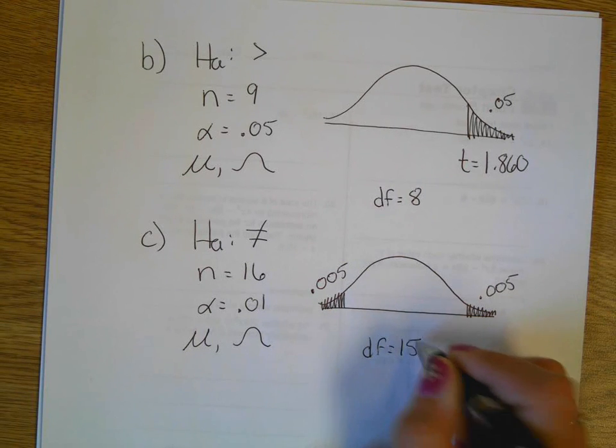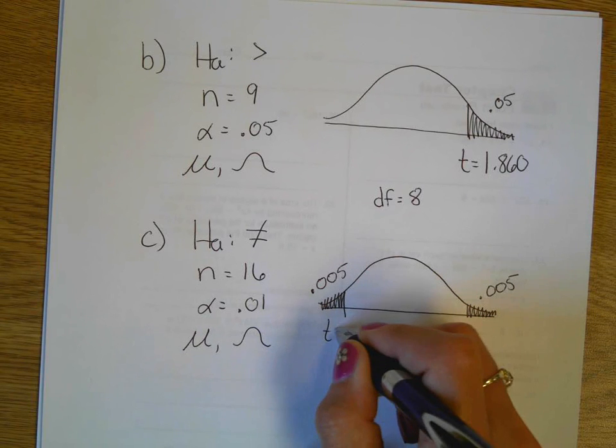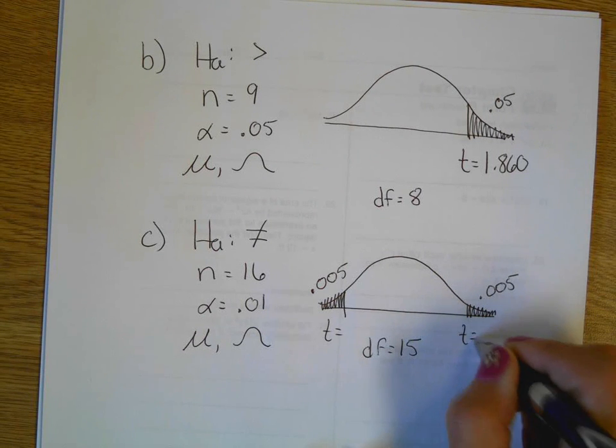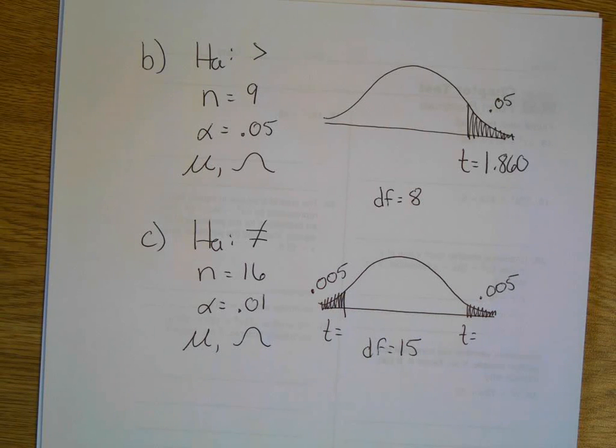DF is 15. What are you thinking there? Let's see. 0.1. What's common sense telling you to do there? Before I tell you if you're right or wrong.